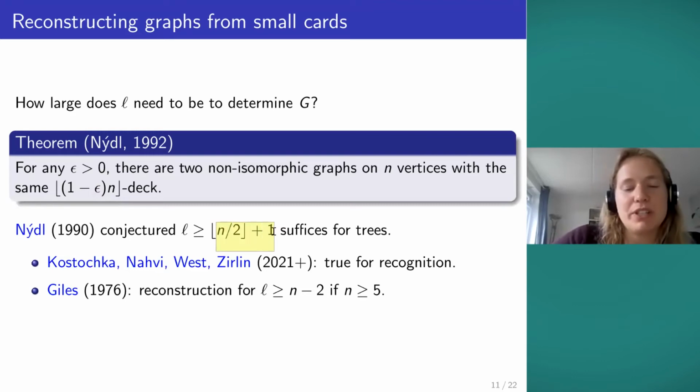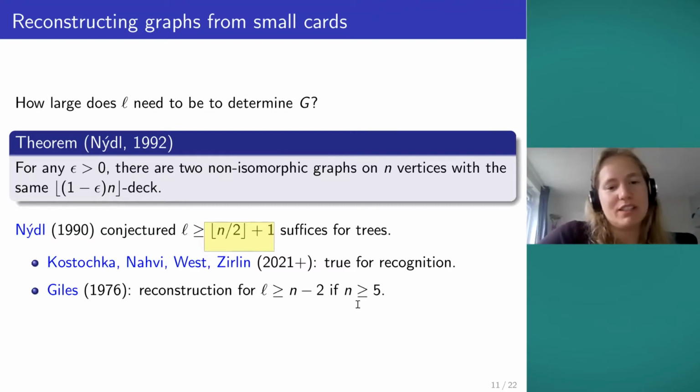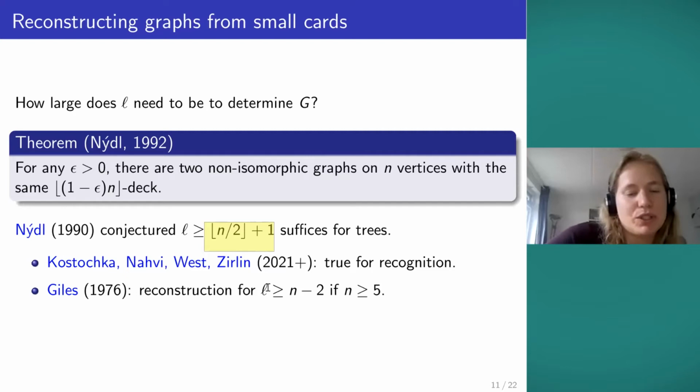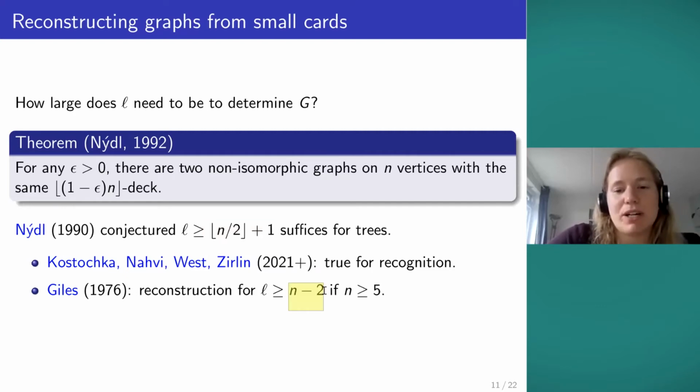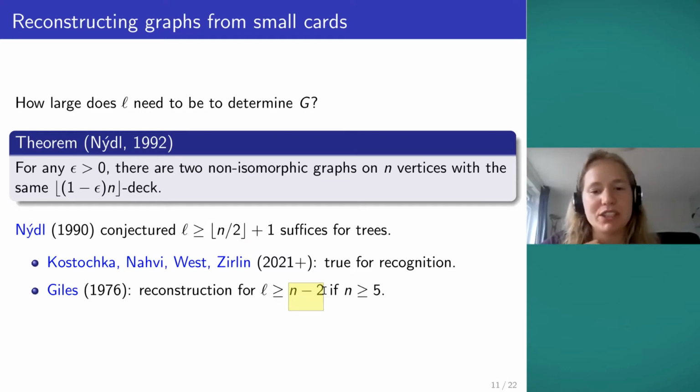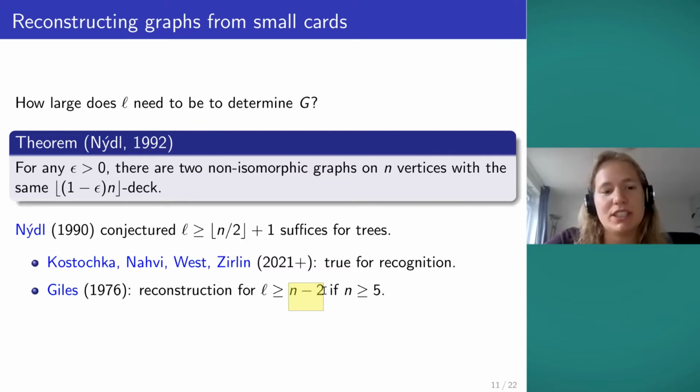For some small values of n, it's known to be incorrect. The best other result known about it was from Giles, which showed that you can look at the subgraphs where instead of removing one vertex, you remove 2 vertices. But since then, there has been no improvement on this bound of n minus 2.